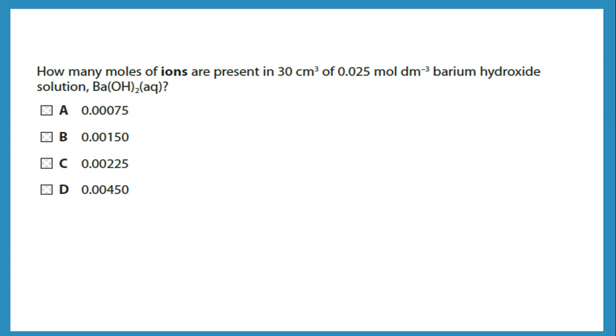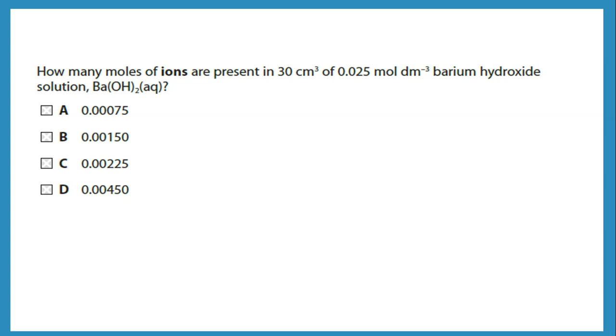Okay, how many moles of ions are present in 30 centimeter cubed of 0.025 mole per decimeter cubed barium hydroxide solution? We're given information about barium hydroxide. That means we should be able to get the number of moles of barium hydroxide.